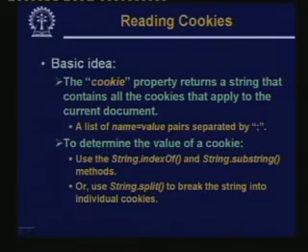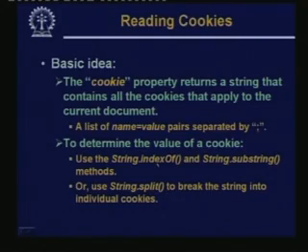Okay. Now, let us see how we can access or determine the value of a particular cookie. Now, we shall see an example. We shall be using the indexOf and the split functions that are available on string objects. JavaScript supports a number of methods on string objects. We shall be using indexOf and split.